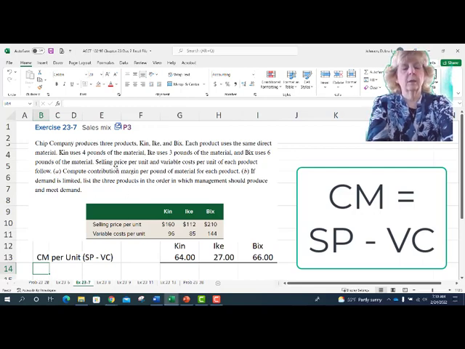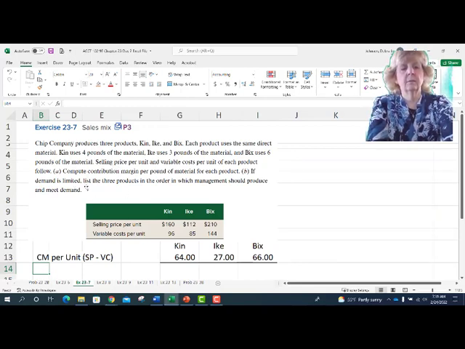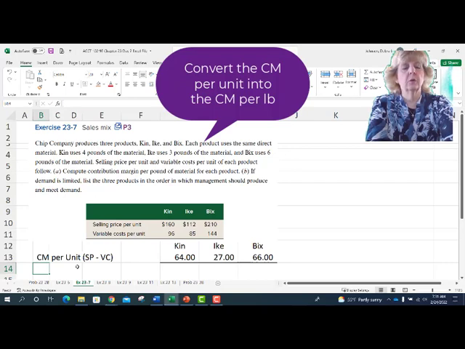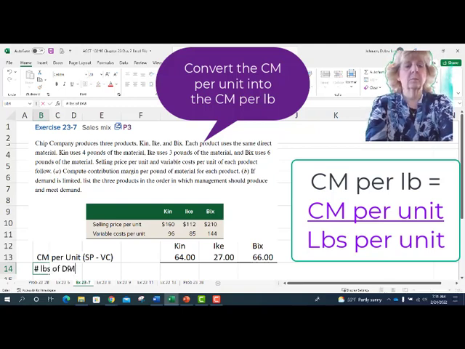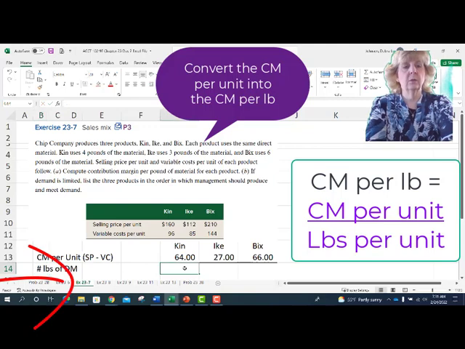The new part is if demand is limited, in other words, there's a scarcity, list the 3 products in the order in which management should produce and meet demand. What that means is we need to convert this contribution margin per unit into a contribution margin per pound of material, since that's the scarce resource. We do that by dividing by the number of pounds of direct materials that each one uses.